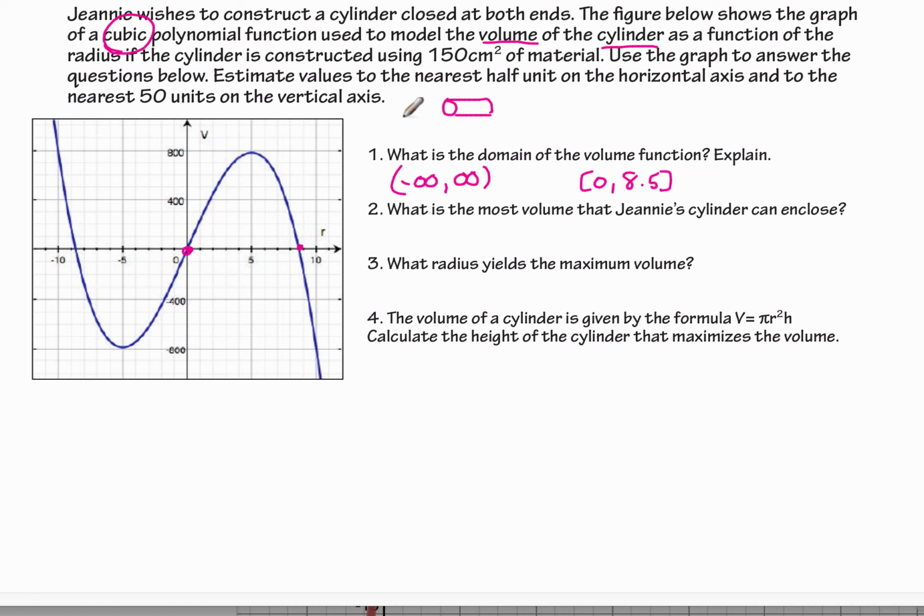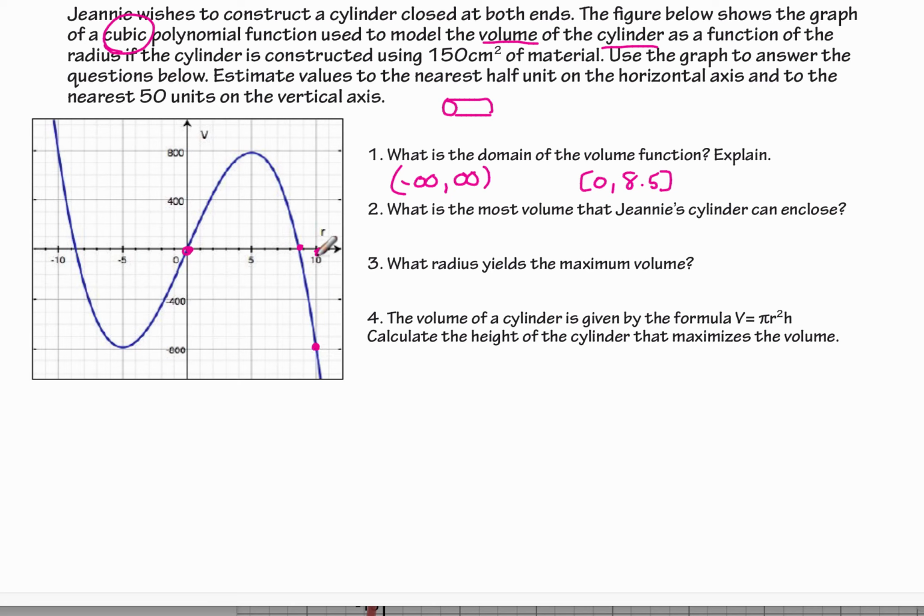It would be impossible to use numbers outside this range. It wouldn't, sorry, outside this domain. Got to use my right words there. It wouldn't make sense to have a radius of 10, because a radius of 10 is giving us back a negative volume.